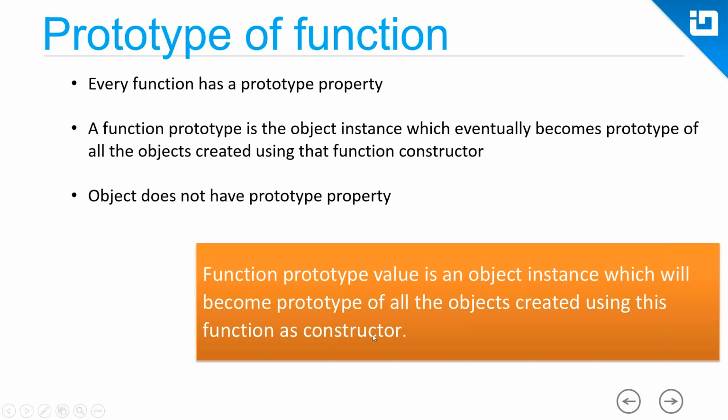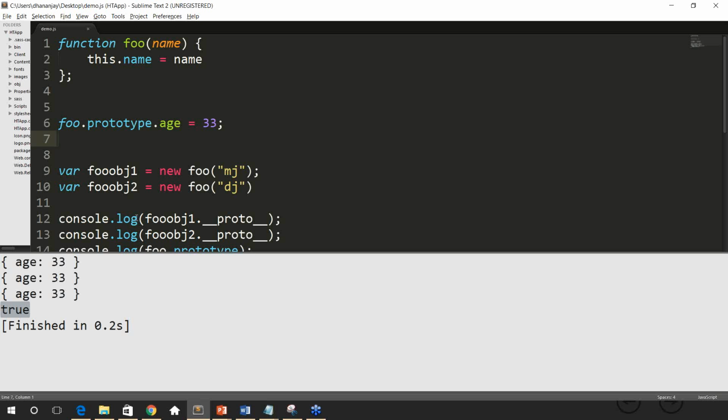It's not tough. Function prototype value is an object instance which will become the prototype of all the objects created using this function as a constructor. So go back here, this foo.prototype.age, this function foo has a prototype, right, which is set as age 33. What if we are saying all the objects which will get created using this function foo will have the same prototype as the function prototype, right?